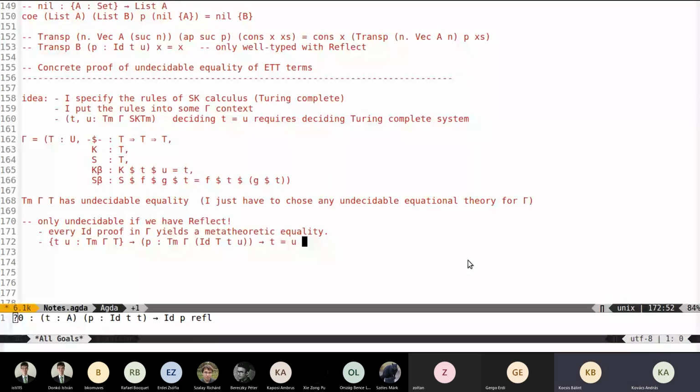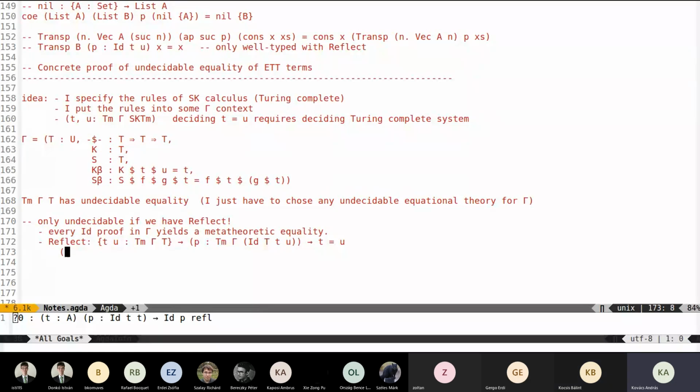Yeah, so basically the undecidability of the SK calculus implies that if equality would be decidable with reflection, then SK would also be decidable, right? Yeah.